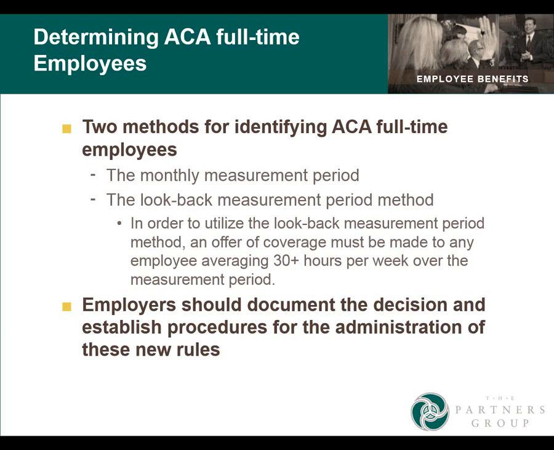Generally, we're looking at 40 to 42 weeks of a measurement period. You can measure over Christmas break and midwinter break, those types of things. So it's very difficult for a variable hour employee to average 30 hours a week over that entire period. If you take just a couple of days a month where you're not working every day that's available, you'll fall below 30 hours.